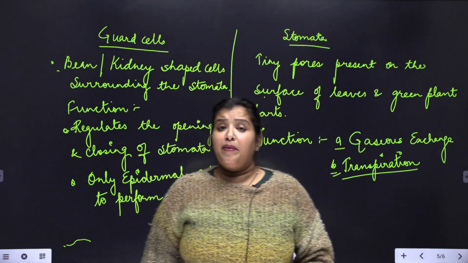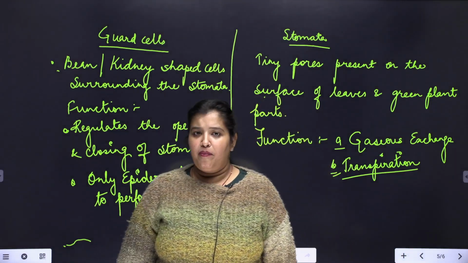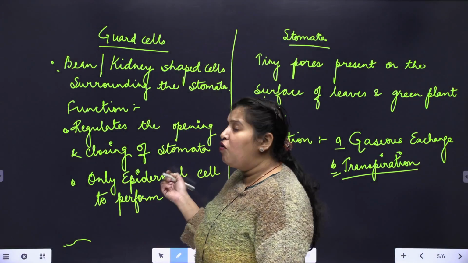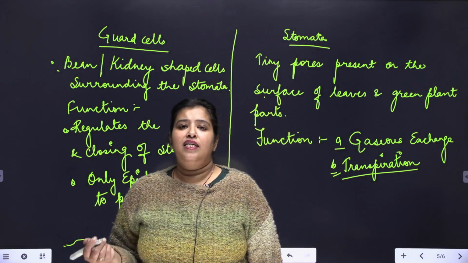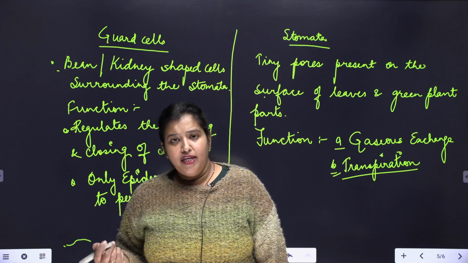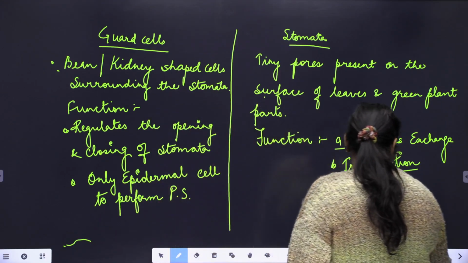Other cells of the epidermis are not capable of performing photosynthesis, and the reason I've already told you, because it contains chloroplast. So chloroplast is the main site for photosynthesis.